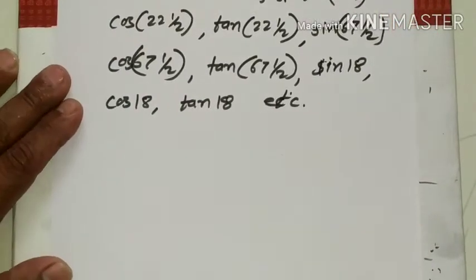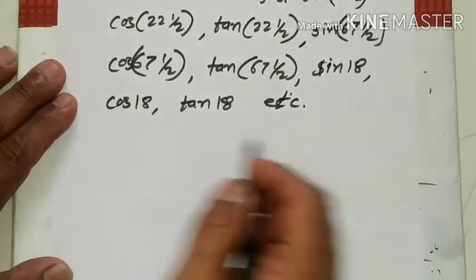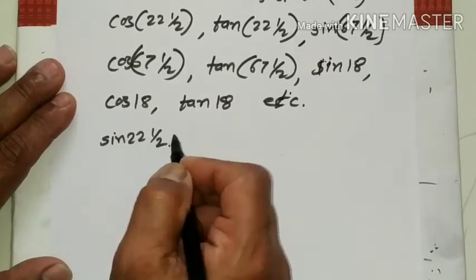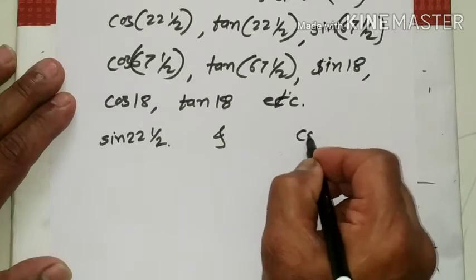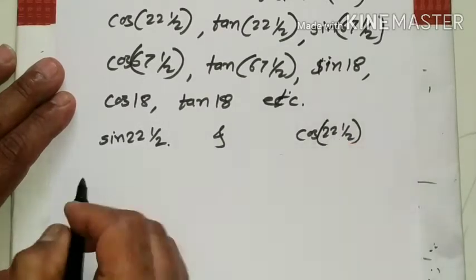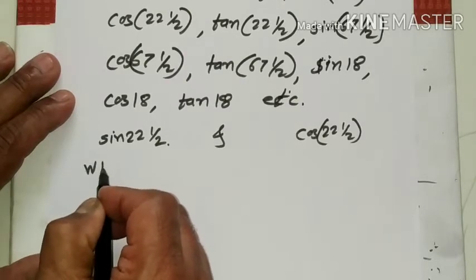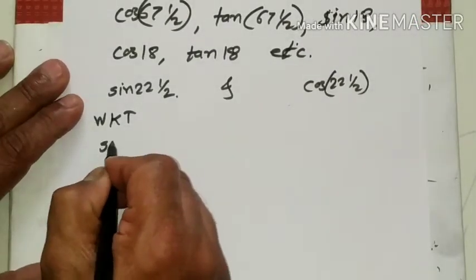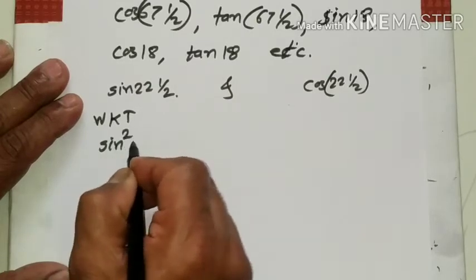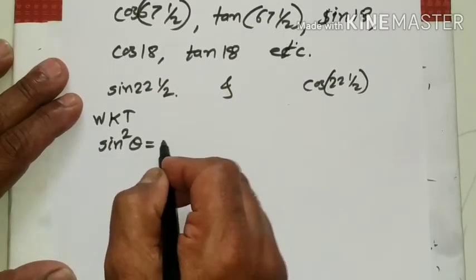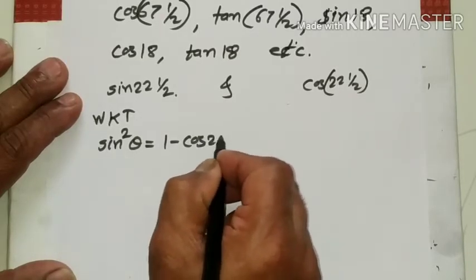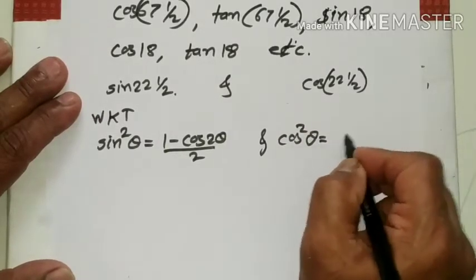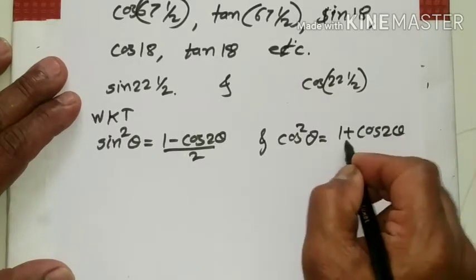First, for sin 22 and half and cos 22 and half, we know that sin square theta is equals to 1 minus cos 2 theta upon 2, and cos square theta is equals to 1 plus cos 2 theta upon 2.